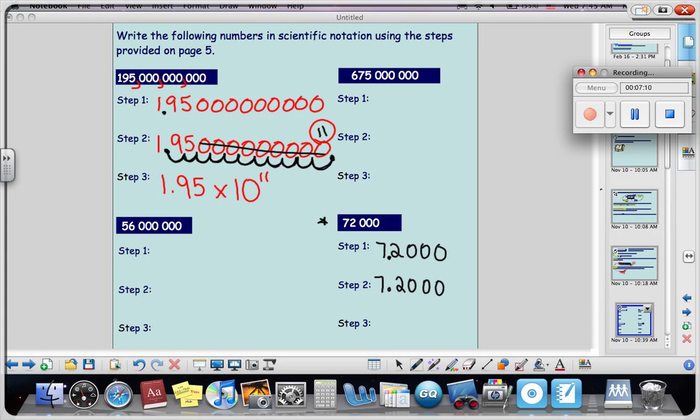We're going to move that decimal, counting 1, 2, 3, 4. 4 counts to get to the end. So now I drop my zeros. My coefficient is 7.2, whatever's left up here, times 10, always stays the same, and then my exponent is 4.